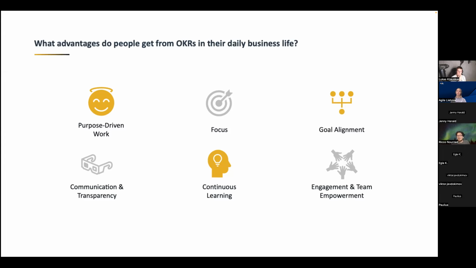OKRs are transparent across the whole company, so there is huge transparency as well as better communication through working in cycles, also on strategy level. We have continuous learning because we have OKR retrospectives regularly, and a higher engagement of the team.